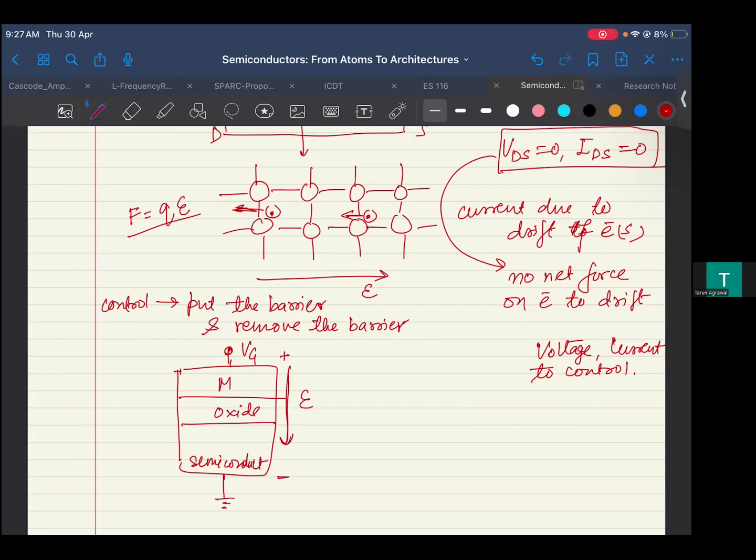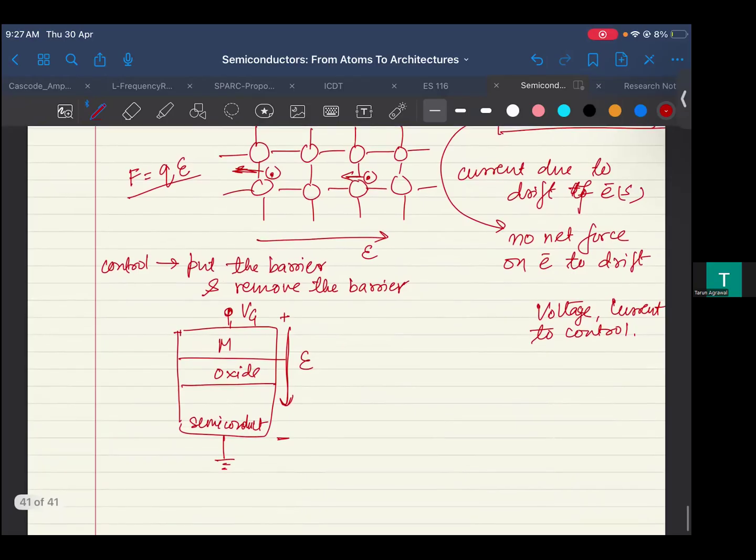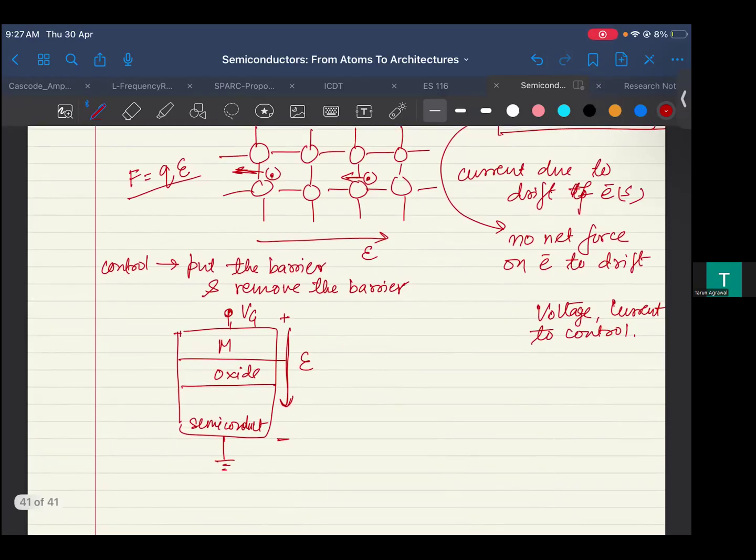How does it control the barrier? You can ask me this question. So let's see what is the state of the semiconductor, and how does it change when you put in a voltage? Initially you could take, for example, a p-type semiconductor.